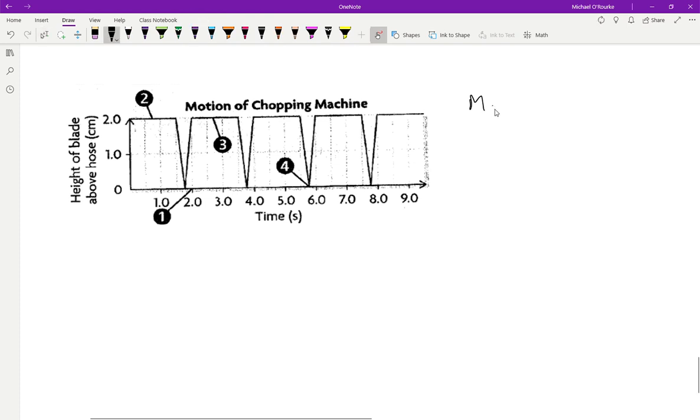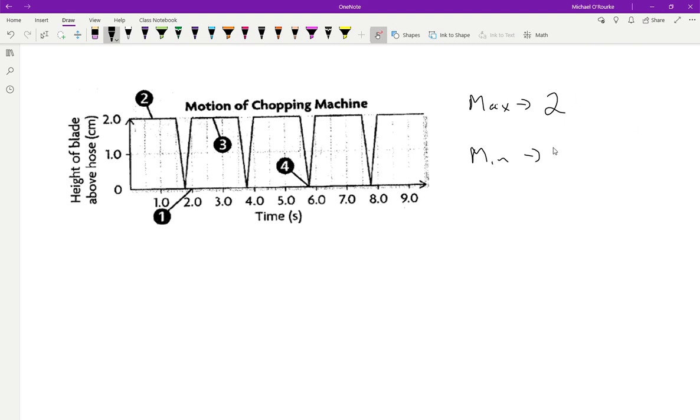What is our max? Let's figure out what our max is here. Good. So max is 2. Perfect. What's our min? Min is 0.